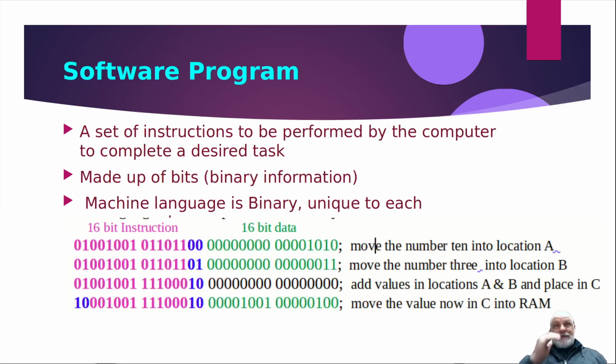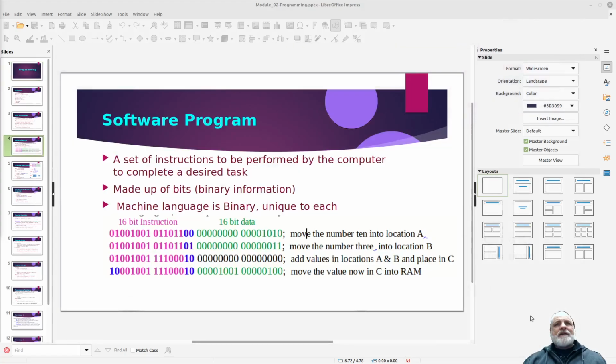All right, so when we talk about a program and we talk about running this program on a processor, it has to actually be in binary form. Binary form or machine language is unique to each processor.